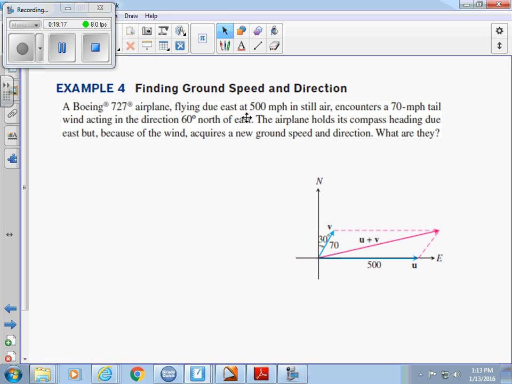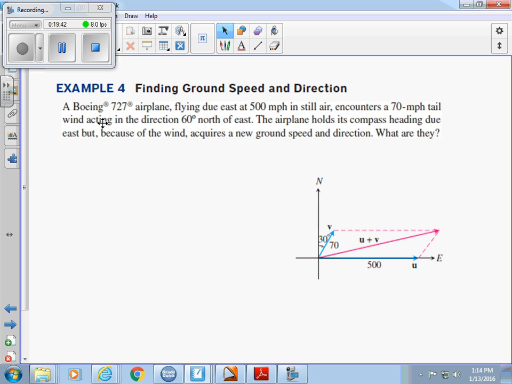So, the plane is flying due east. So would you agree that the plane's vector looks like a horizontal line going to the east? Right? Horizontal line going that way. The wind vector says the wind is acting in the direction 60 degrees north of east.